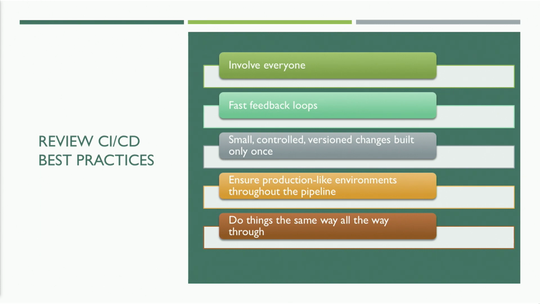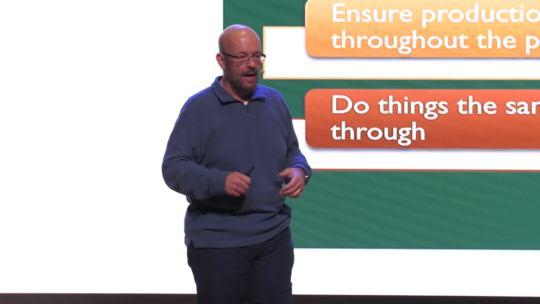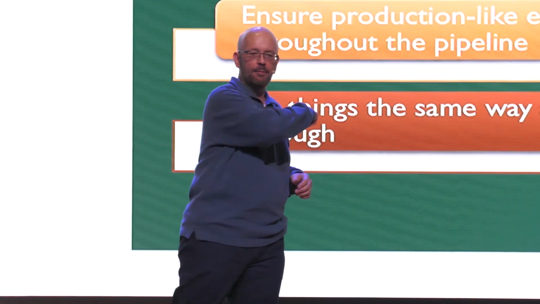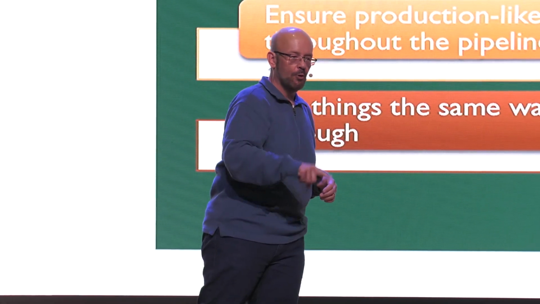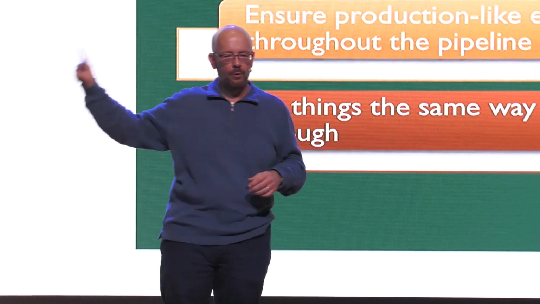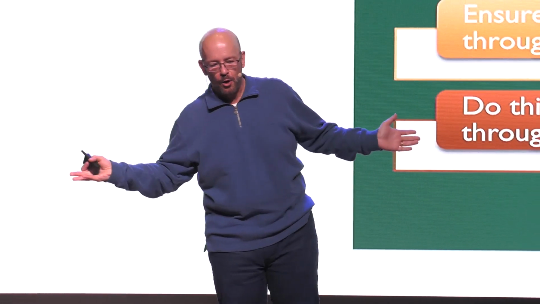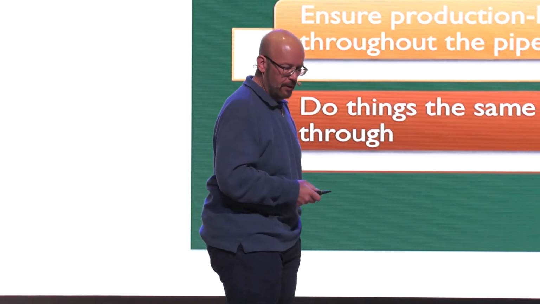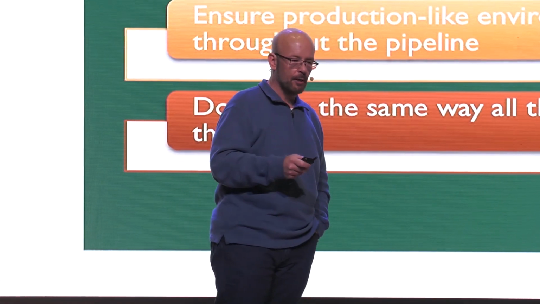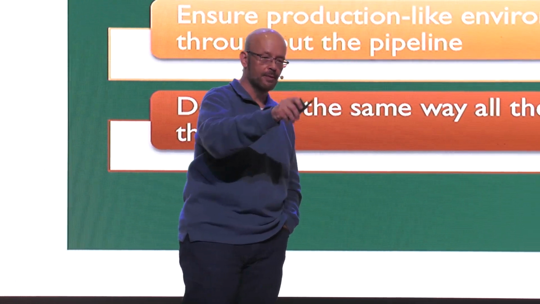Making sure that production-like environments are available and that we're doing things all the way through the pipeline the same way every time, so that we have a clean rehearsal when it comes time to production, and production's a non-event. All completely applicable to the database. So that's good. Everything you know about CI/CD is completely applicable here. The database doesn't make it weird or different.